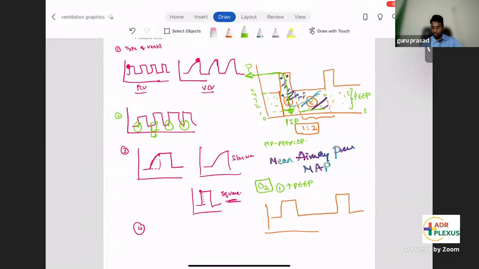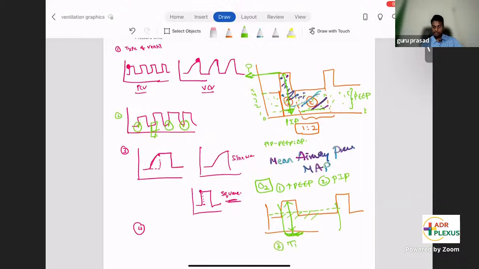So basically, whenever I am increasing the PEEP level, both in inspiration and expiration, the area is increasing. So by increasing the PEEP, you can increase the MAP. Second, by increasing the PIP, you can increase the MAP, because that is the area under the graph. Otherwise, if you increase the inspiratory time, so the time in which the PIP is present, then also you can increase the area under the graph.